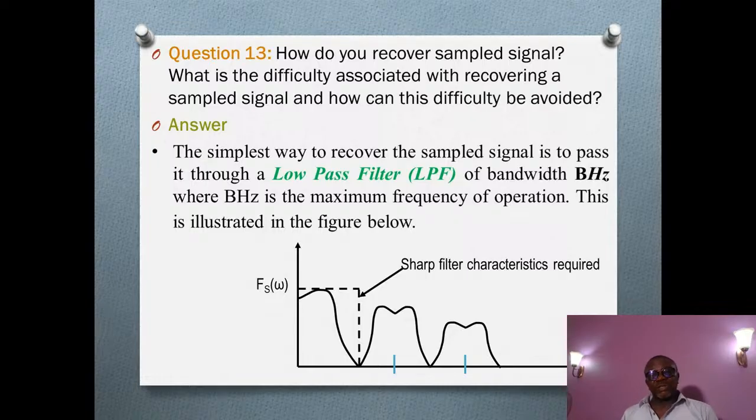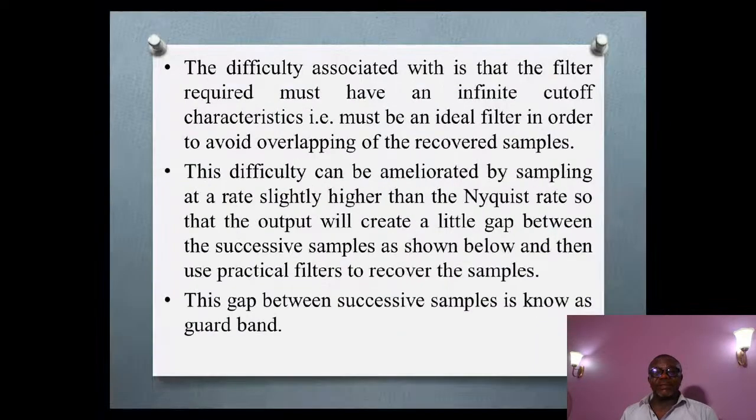But we said that only ideal filters can do that, and practical filters cannot, so practical filters will always spread at the base.